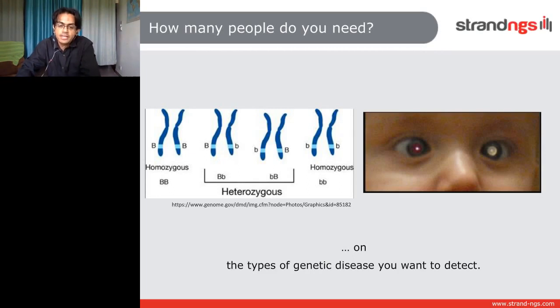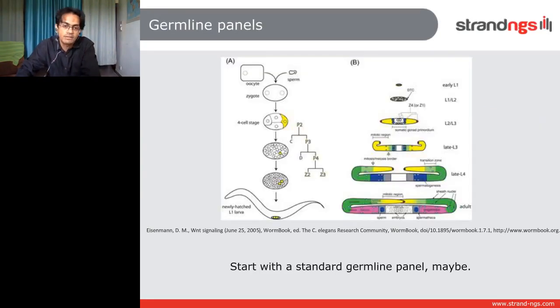So in clinical genomics, you typically start with a standard germline panel. And the germline, for those of you who are not familiar, is just the line of inheritance starting from your ancestors and going all the way down to yourself, right? So it is what you inherit from your parents and your grandparents.